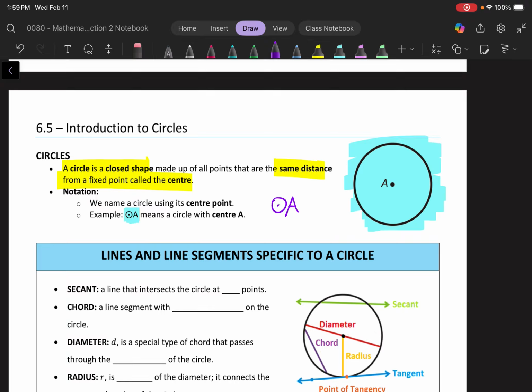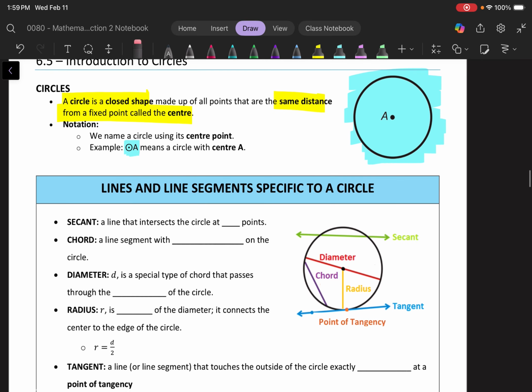So I might say, consider Circle A to the right, or given the diagram of Circle B. Less likely you'll actually write this notation yourself, but just so that you know that notation and what it means, so that when you read a question, we understand what it represents.